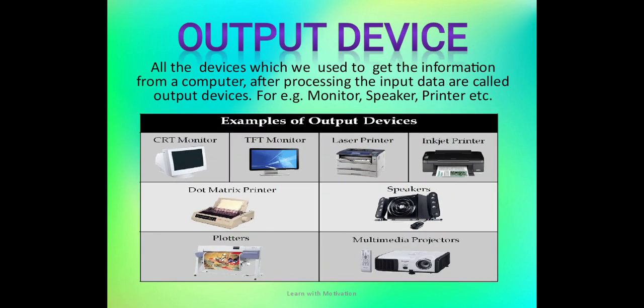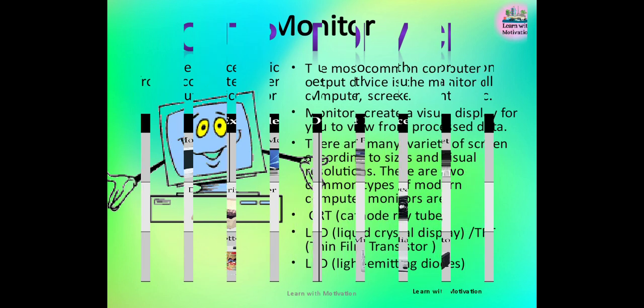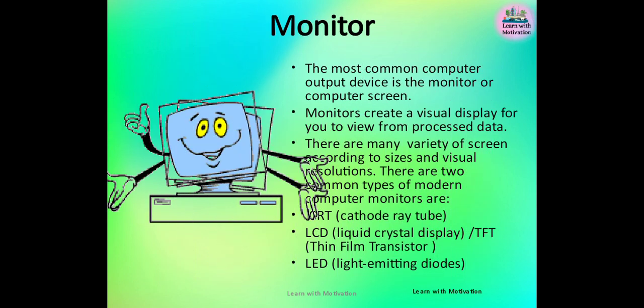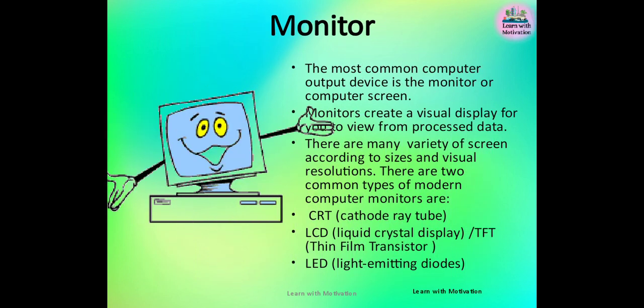Output devices. All the devices which we use to get information from the computer after processing the input data are called output devices. For example, monitor, speaker, printer, projector, etc. Monitor. The most common computer output device is the monitor or computer screen.